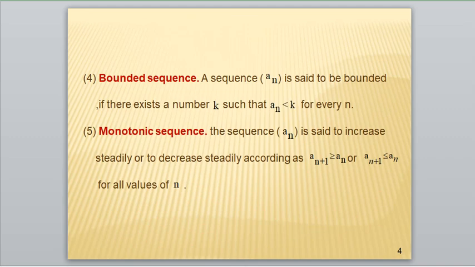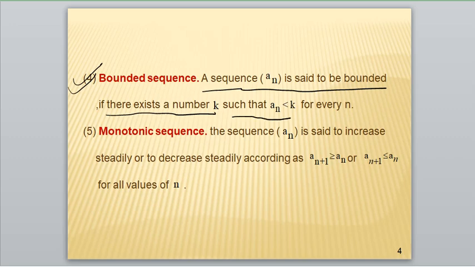Bounded sequence. Now we are going to talk about bounded sequence. What is a bounded sequence? A sequence a_n is said to be bounded if there exists a number k such that |a_n| is less than k for every n. So bounded means what? The a_n has to be less than k or greater than k.